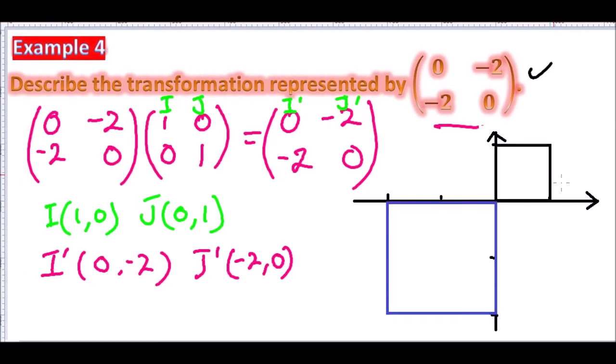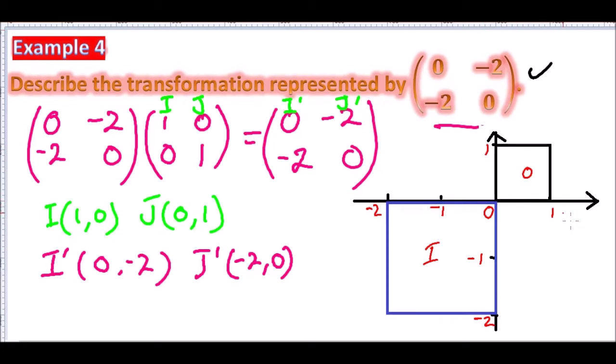So this is my sketch. This is where I have 1. This is 1. This is where we have minus 1, minus 2. This is 0. This is minus 1. And here we have minus 2. So this is our object and this is our image. We can say what has happened.